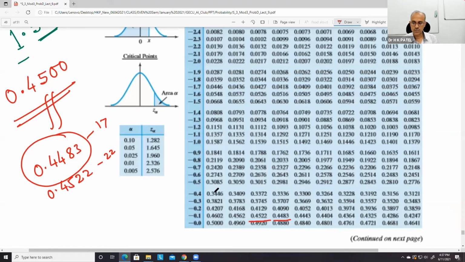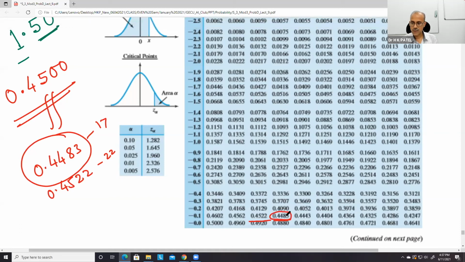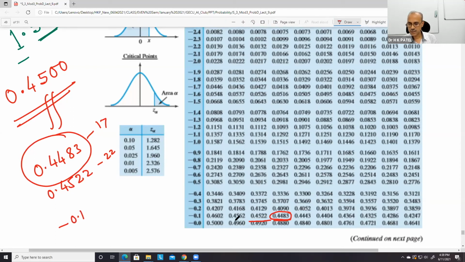Now we have taken this 4483. Corresponding to this, in the leftmost column the number is minus 0.1. And in the row, this is 1, 2, 3, 4, so 4 means 0.03.